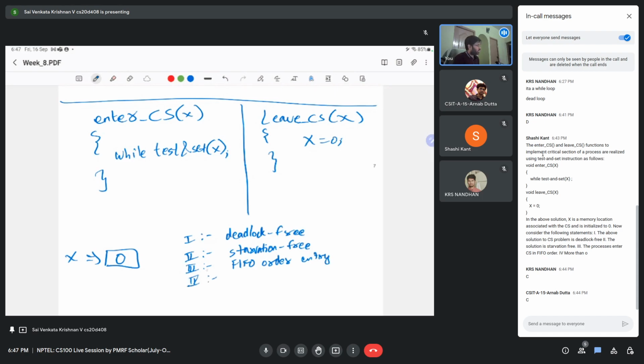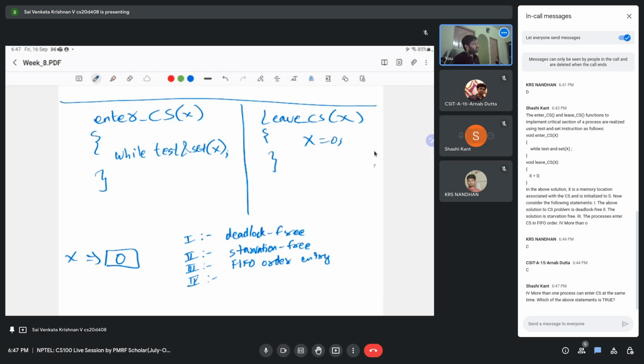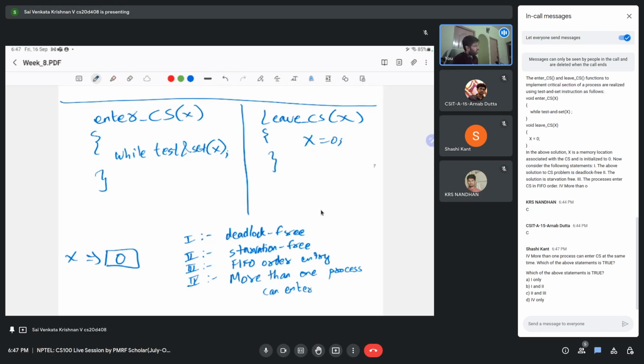Sashikant, the fourth statement is not complete. Can you just paste it? The fourth statement: more than one process can enter CS at the same time. And which of the statements is true?